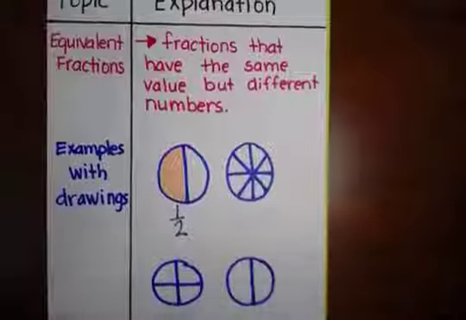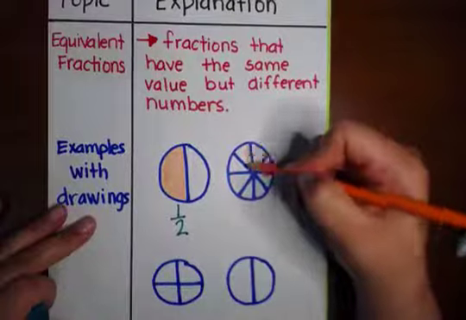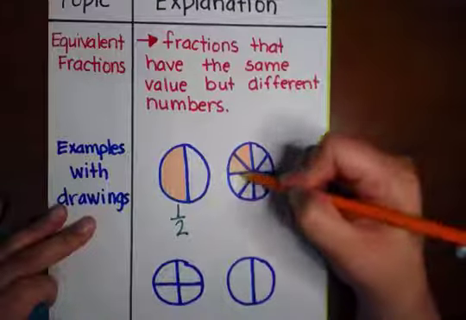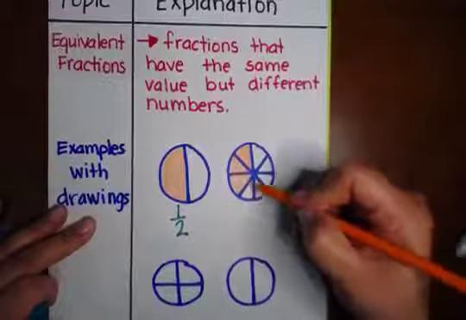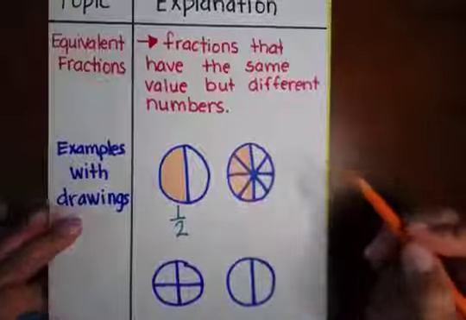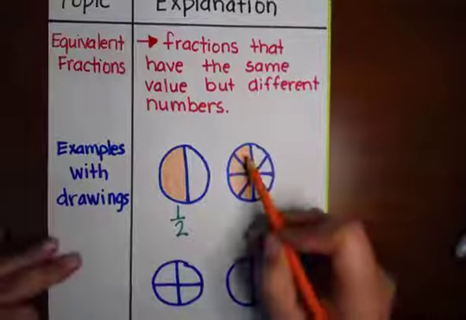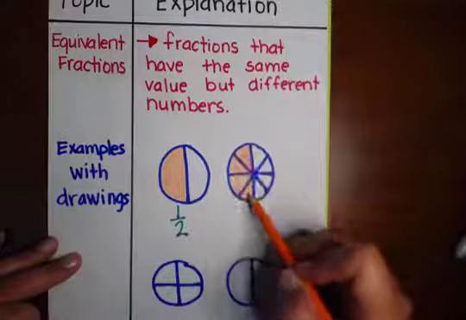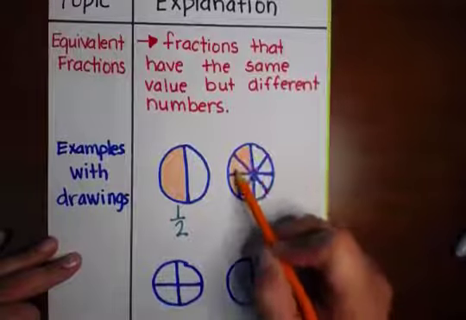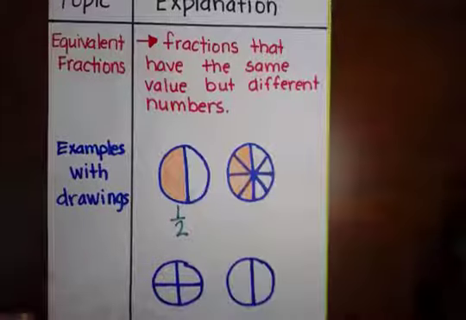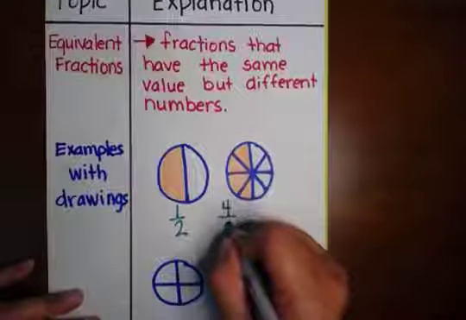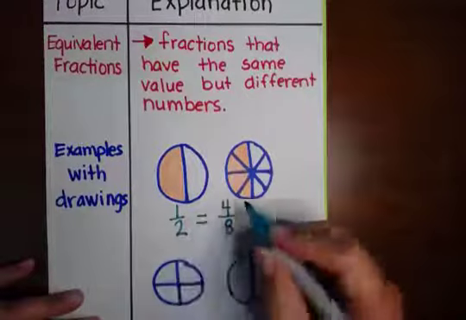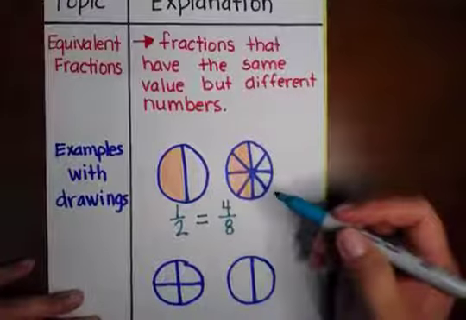And if I come over on this side and I do the exact same thing, but if you notice on this side, the circle is cut into different pieces. There are 8 pieces in this section. 1, 2, 3, 4. So this would be 4/8. So 1/2 is actually equivalent to 4/8. It is the exact same value.